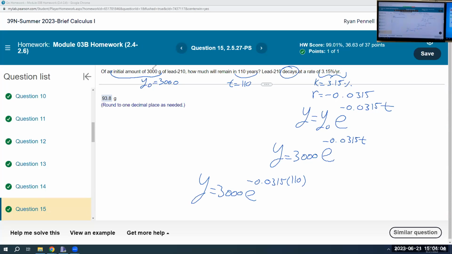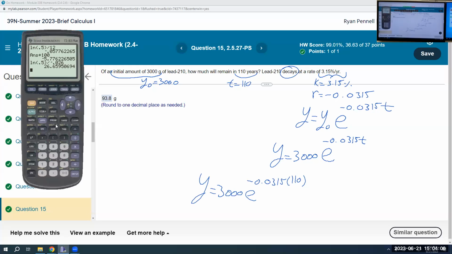My calculator, add that up. About 3.82 grams.